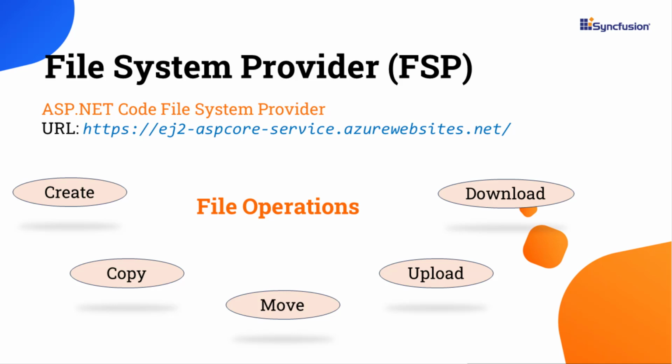This provider has predefined methods for loading files and folders from a specific path and performing various file operations like creating a new folder, copying, moving, deleting, uploading, and downloading the files or folders. You can download and use the ASP.NET Core File System Provider project manually using the link shared in the description below.